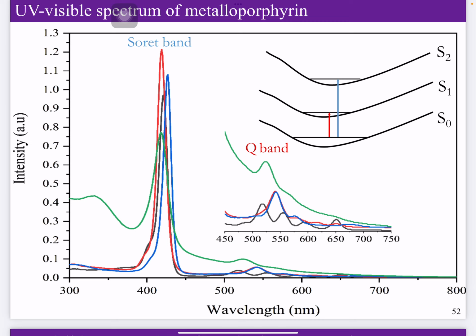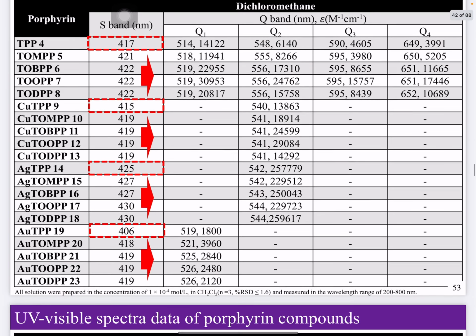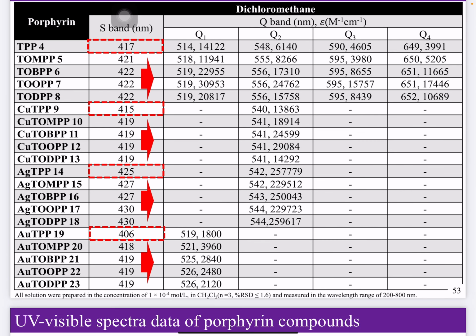That indicates that the metal turns the vibrational modes into 1 transition from S0 to S1. The free base porphyrins and the metalloporphyrins with various complexes here show the redshift for the S band, and the Q bands reduced from 4 to 1.